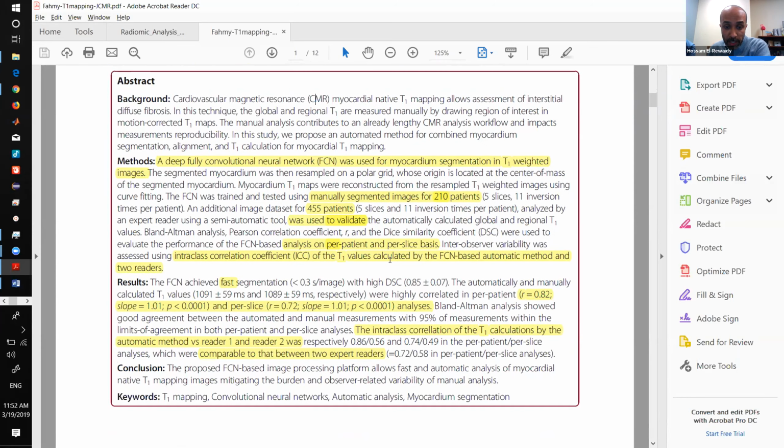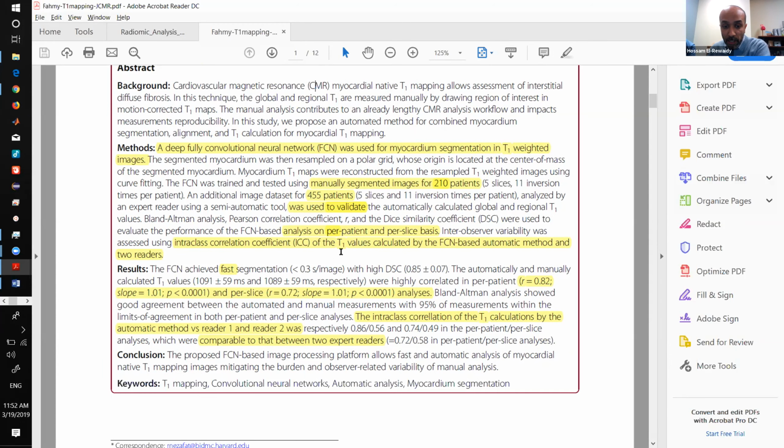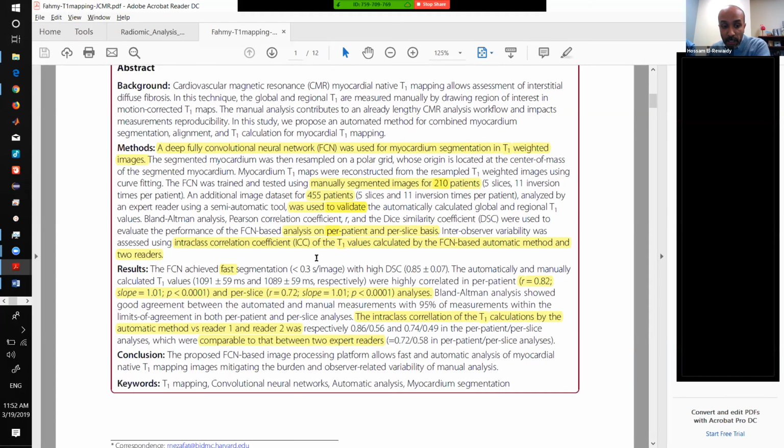We did the analysis on a per patient and per slice basis, and we also selected a subset of the dataset that was manually analyzed by a second reader so that we can compare the interclass correlation between the automated method and the two readers, with each other.